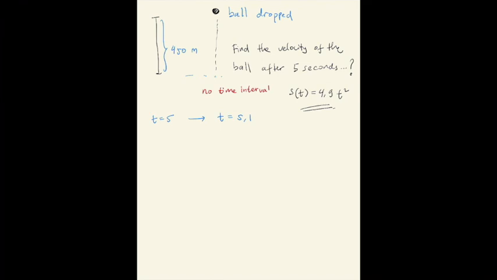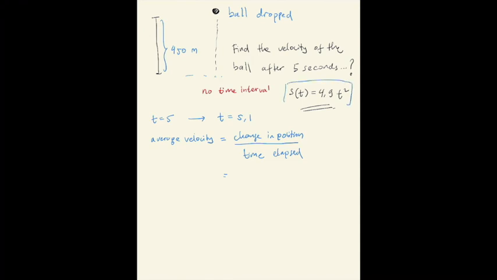So our average velocity is the change in position over the time elapsed, just reviewing a little physics.